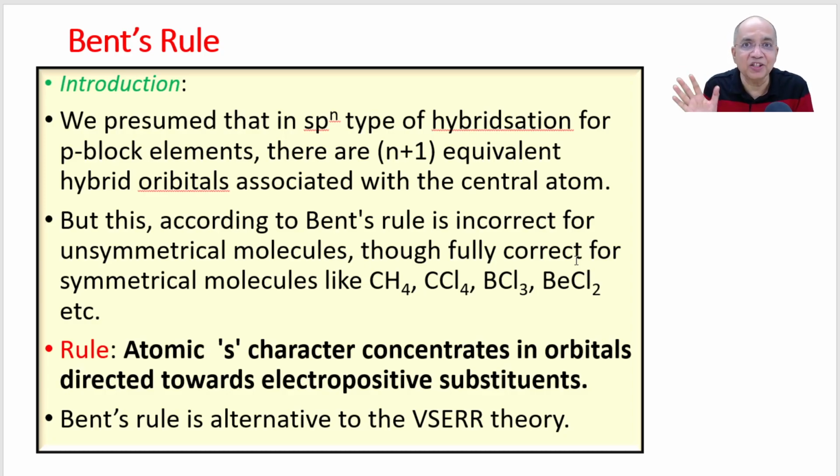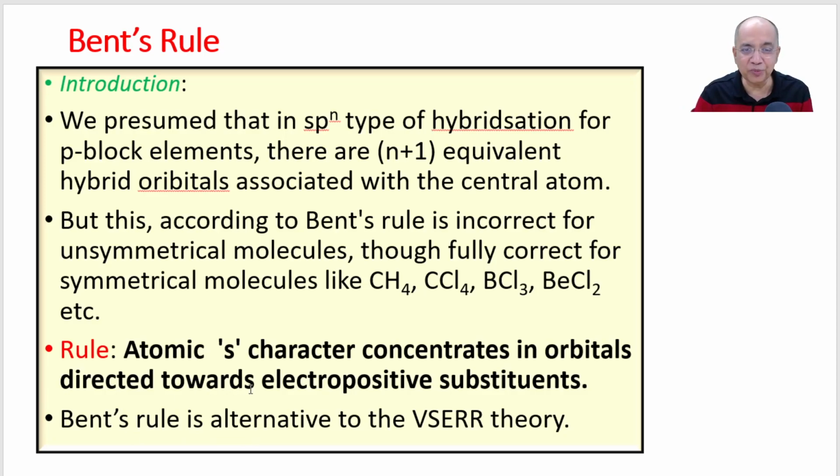But in Bent's rule, we will find that the contributions are not equal. If the atoms are not equal, or if there is a lone pair, then the s contribution and p contribution in the hybrid orbitals are not the same. Non-equivalent hybrid orbitals.